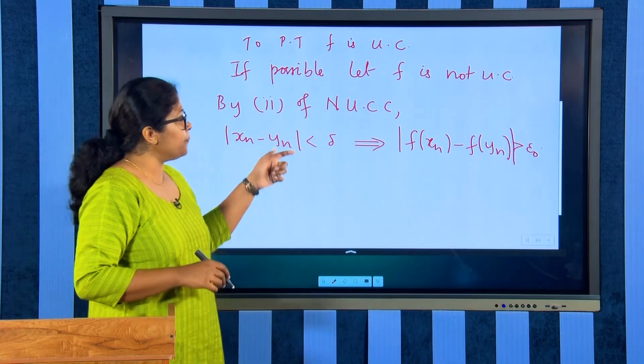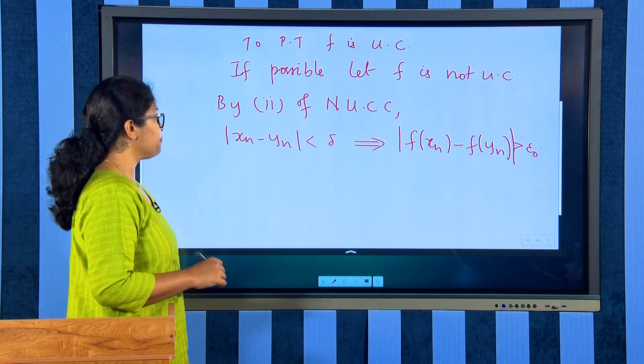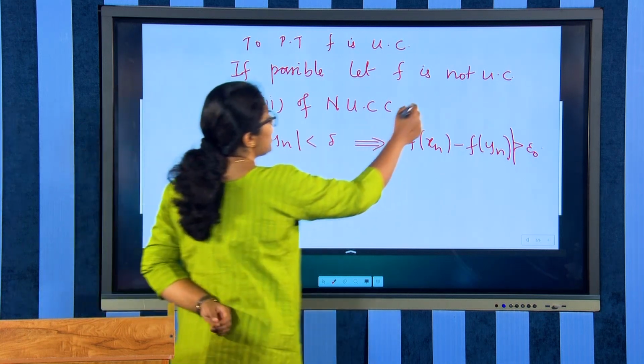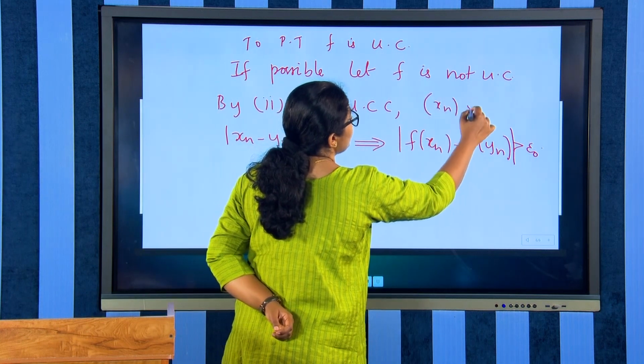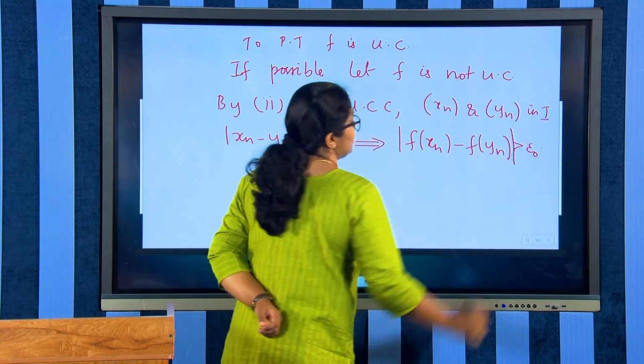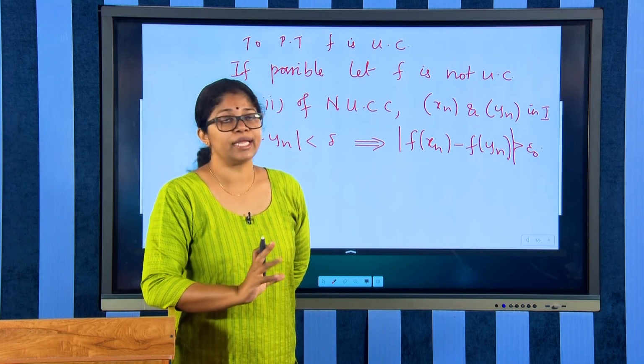So that is the non-uniform continuity criteria that we are applying here. So we have two sequences xn and yn in I, because I is the domain. And what about I? I is a closed bounded interval.